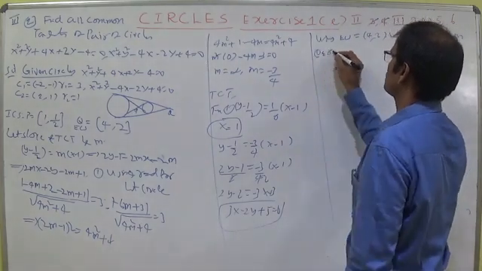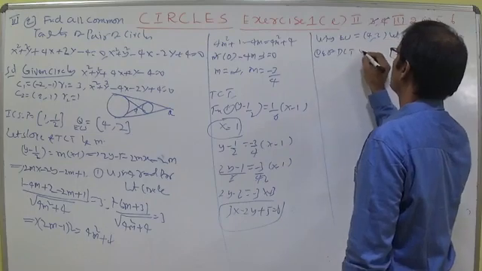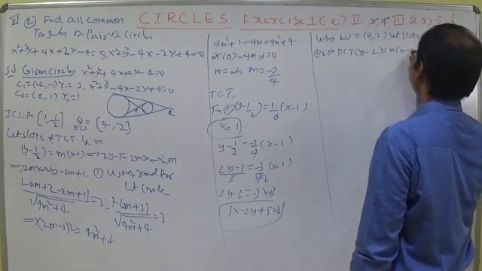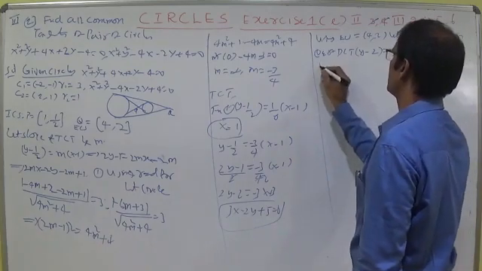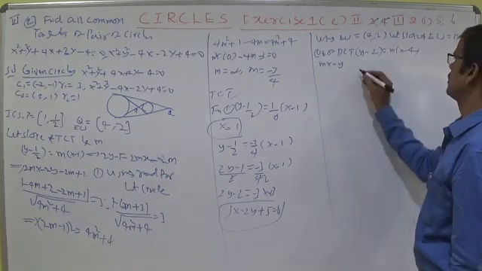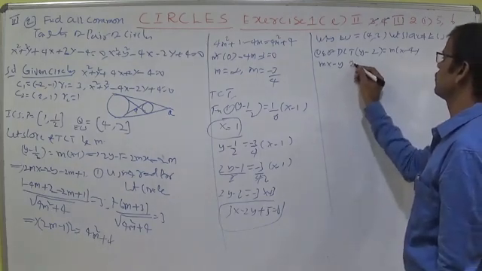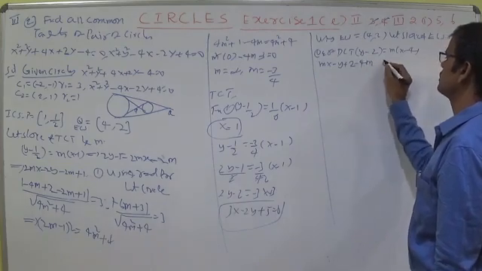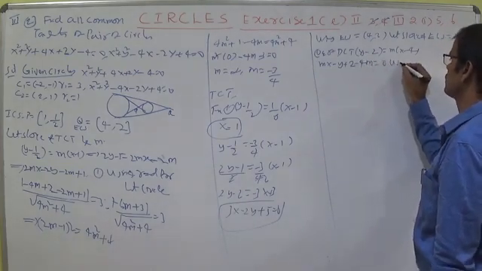Equation of the tangent: y minus 2 is equal to m into x minus 4. So you can write this as mx minus y plus 2 minus 4m equal to 0.